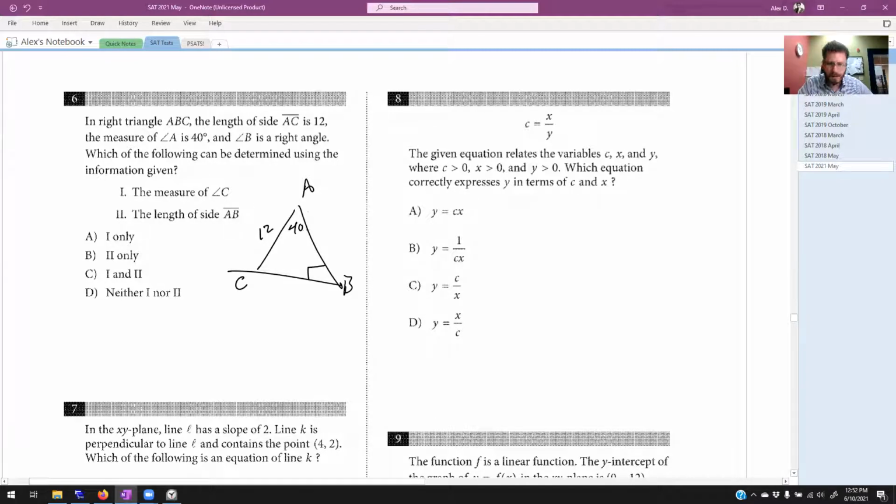We can find the measure of angle C. Using sine, we can find the measure of angle C because that would be the opposite side. Or yeah, sorry, the measure of angle C is easy. That's 50. The length of AB can be found using some SOHCAHTOA trig. So 1 and 2.